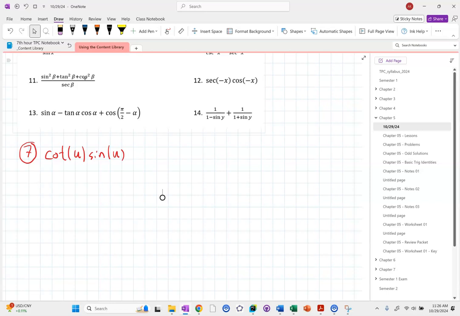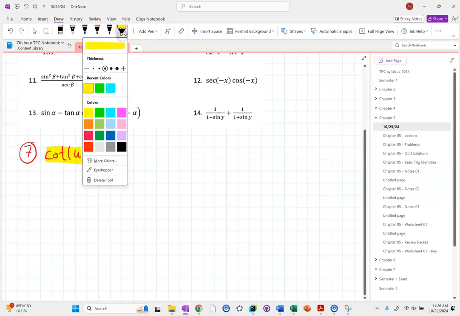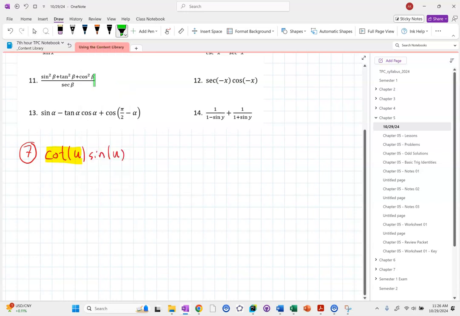So look at your identity sheet. You want to look for either something where you can turn cotangent into something that has a sine in it, or an identity that turns sine into something with a cotangent in it. Would it be cotangent theta equals 1 over tan theta?